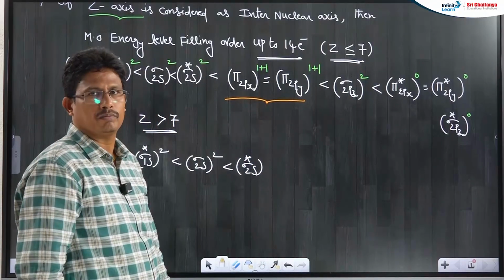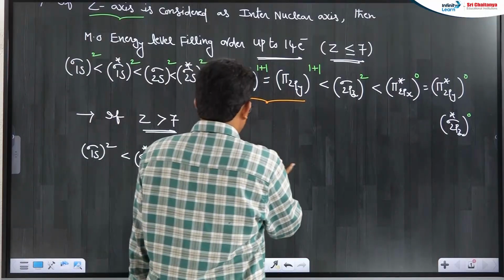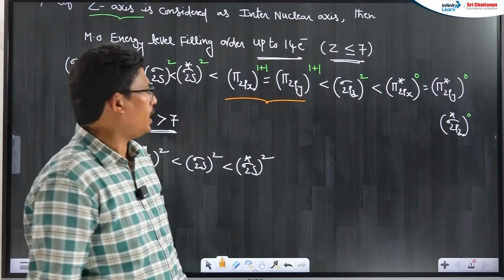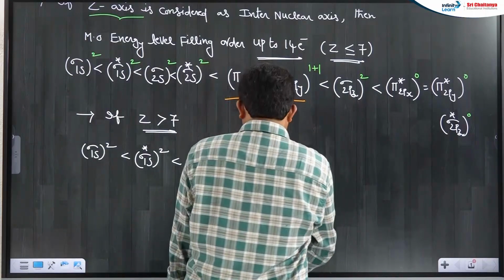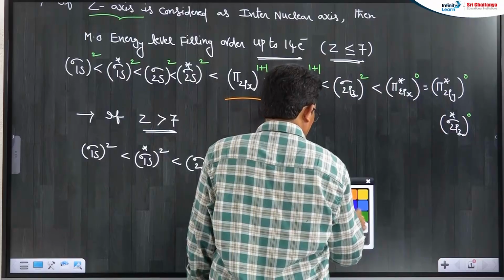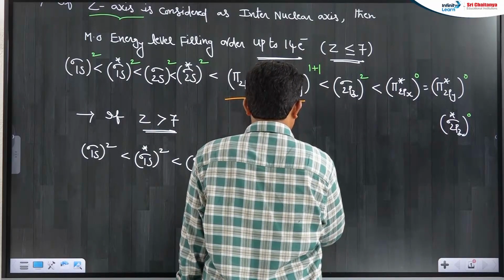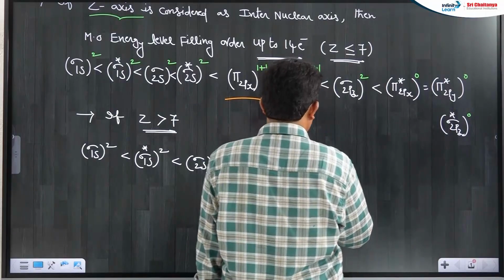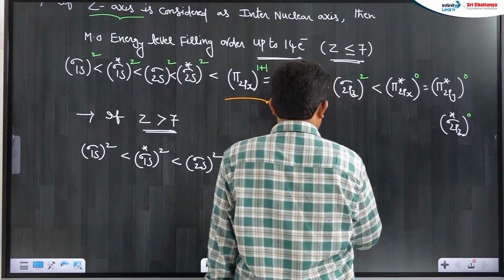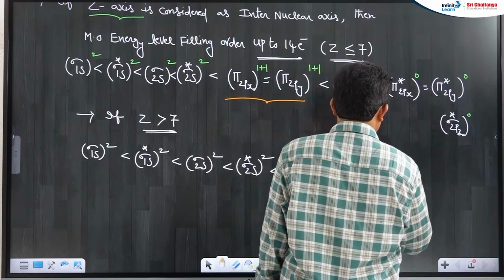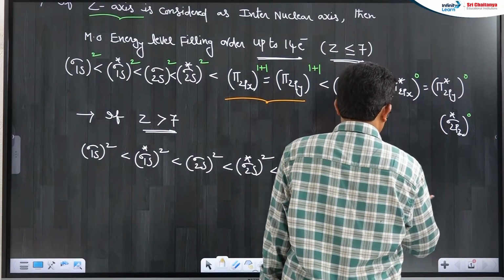Here the 9th electron will enter into a sigma orbital, that is sigma 2pz. After sigma 2pz, write the pi orbitals, pi 2px, pi 2py.